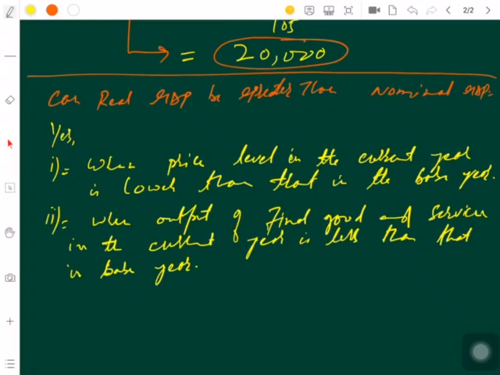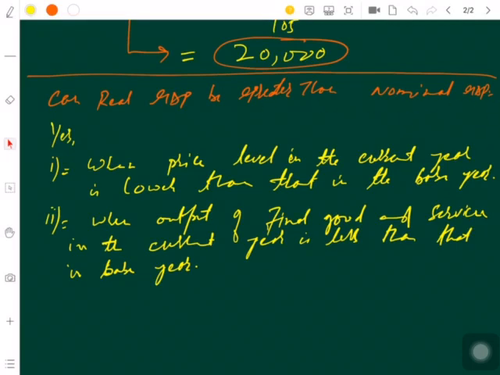Now this question can be turned upside down, or asked in another way. Can real GDP be smaller than nominal GDP?